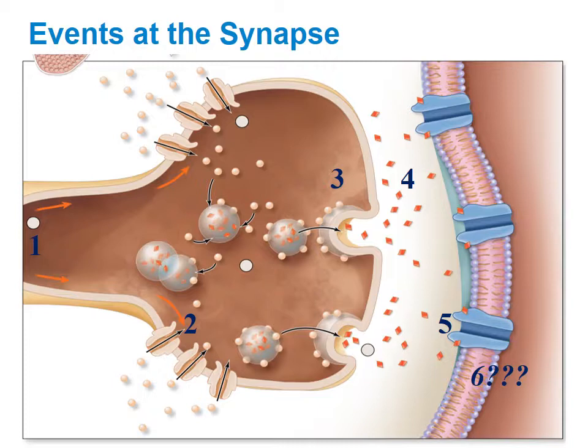If the channel opens and a negatively charged chloride ion enters the neuron, the second neuron will hyperpolarize and get further away from threshold. These changes in the polarity of the membrane with the receptor is a graded potential.